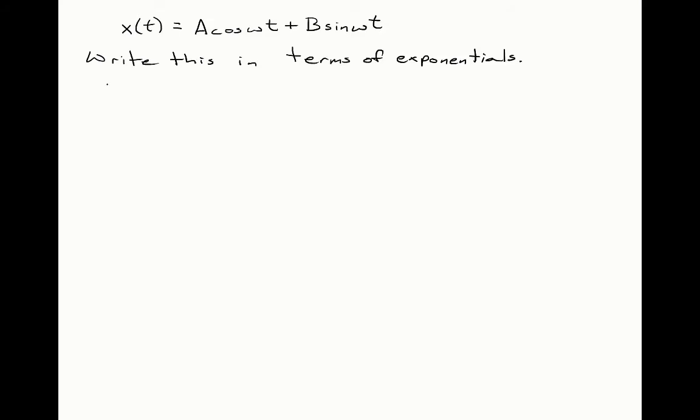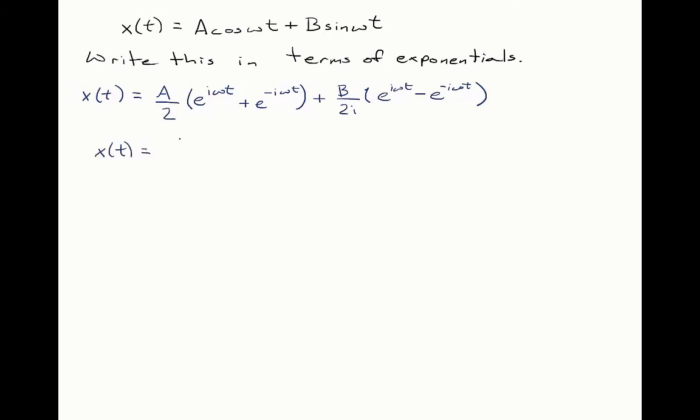Okay, so all we're going to do is plug in the expressions for sine and cosine in terms of exponentials. And here, theta equals omega t. So I've just written the over 2 out front. Okay, let's rearrange this a little bit. So I'm going to gather the e to the plus i omega t terms.